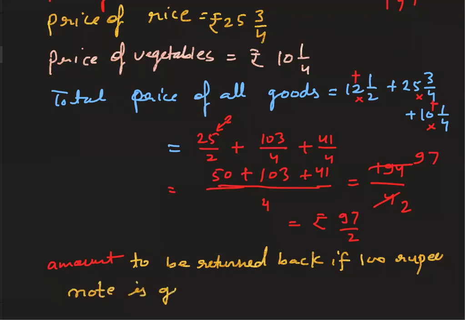Okay, यानी अगर आप 100 रुपी का नोट देते हो तो कितना पैसा आपको वापस मिलेगा? तो 100 माइनस दिस. ठीक है, दिस वाज 97 upon 2 students.